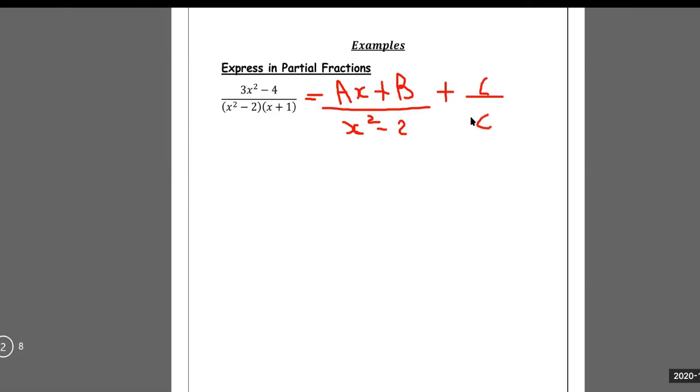And now all we're going to do is solve for a, b, and c. So to solve for a, b, and c, what we're going to do is find the LCM on this side, and the LCM is just going to be x squared minus 2 times x plus 1. That's not a z, that's a 2.